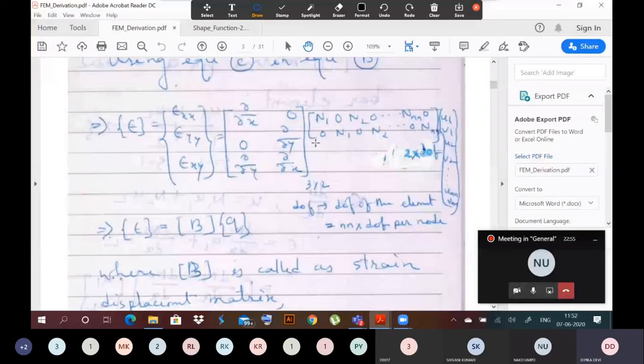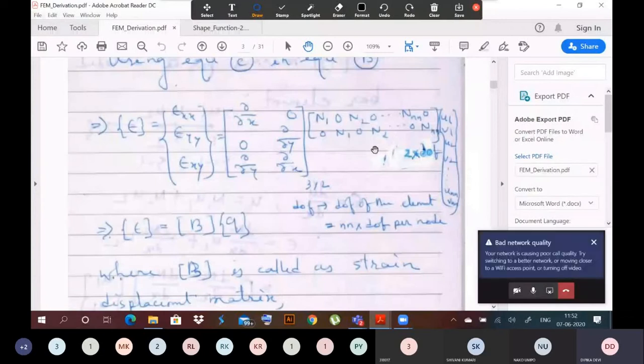Similarly, if we use a 4-noded rectangular element, we have 4 nodes. Each node has 2 degrees of freedom. Therefore, the total number of degrees of freedom will be equal to 4 into 2, 8. Therefore, the size of this matrix will be equal to 2 by 8. Then, if we multiply it by 3 by 2, the 2 will be cancelled.